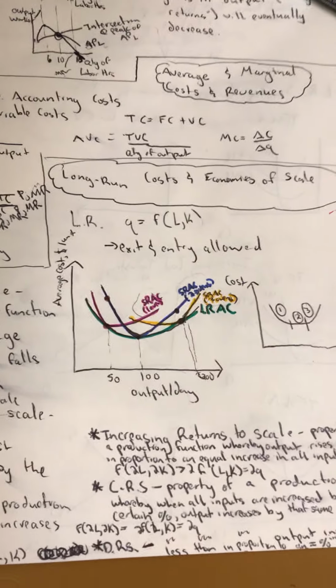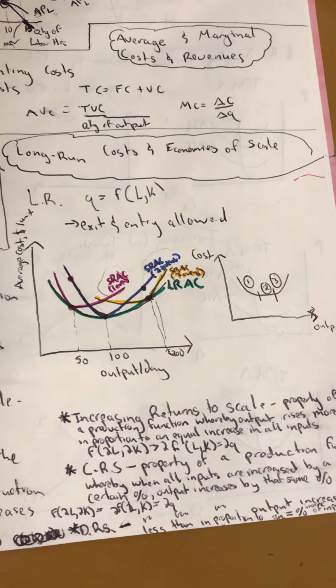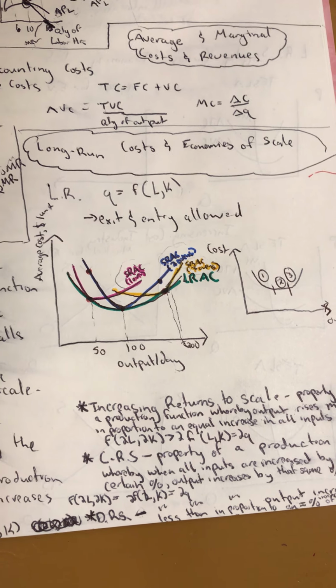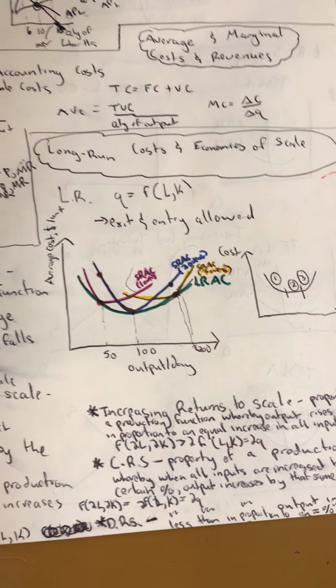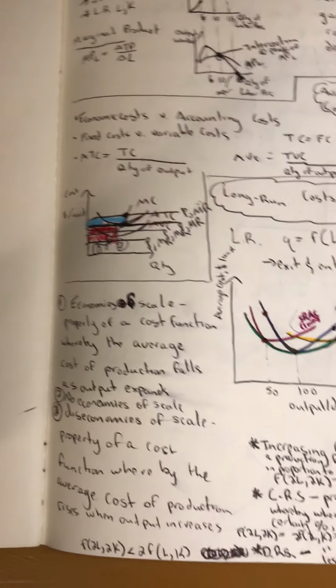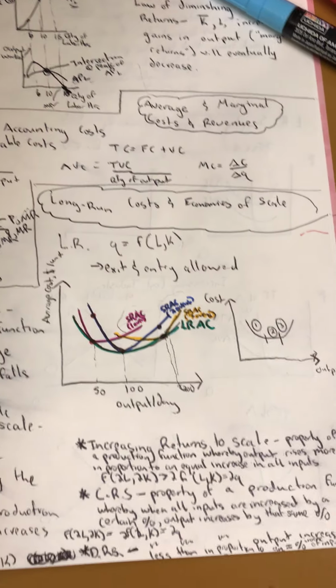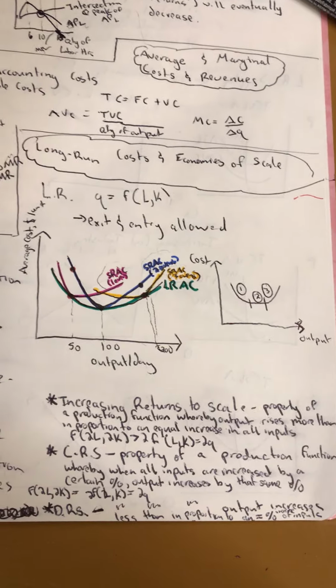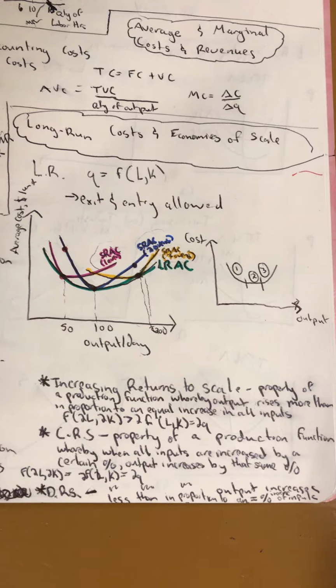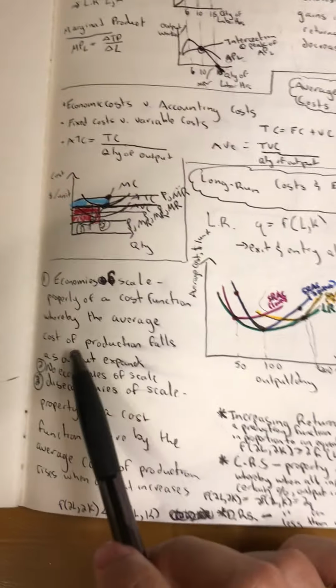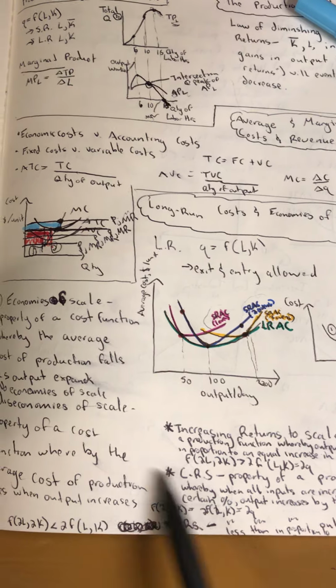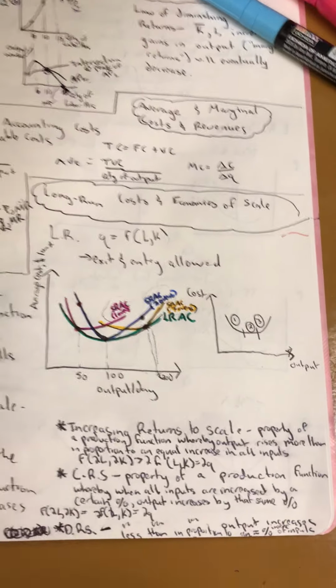And increasing returns to scale is one potential explainer of economies of scale, but it need not be the only one. But for this introductory microeconomics class, we can go ahead and say that these sort of concepts are related, or can be related at the very least.